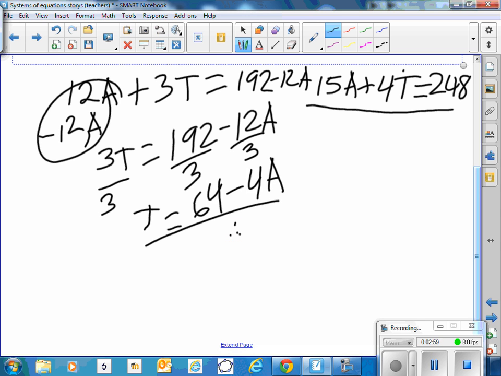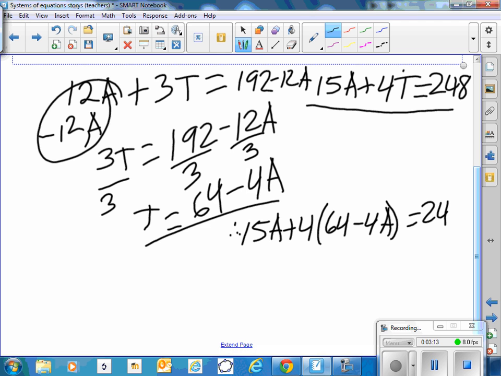So 15 times whatever an assignment is worth plus 4 of whatever a test is worth, but a test is worth 64 minus 4 assignments, equals 248. So I've rewritten this one up here, down here, but I have substituted in place of t.